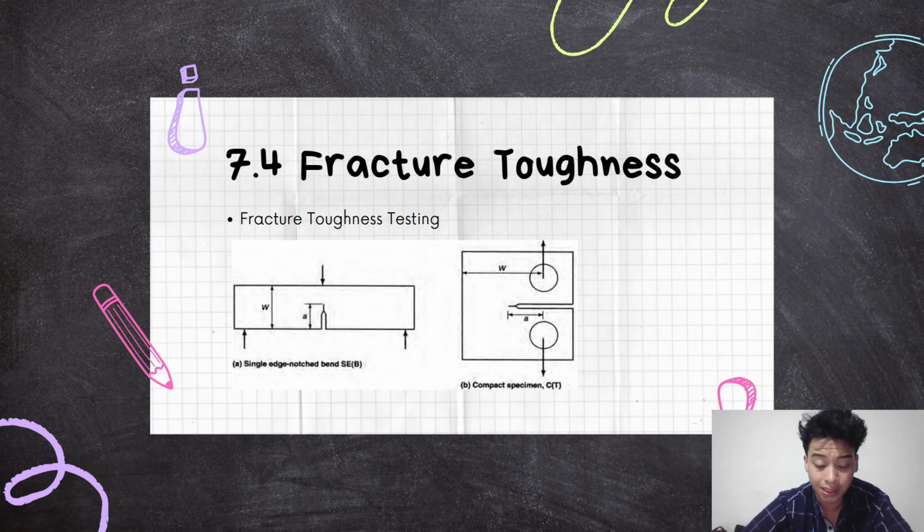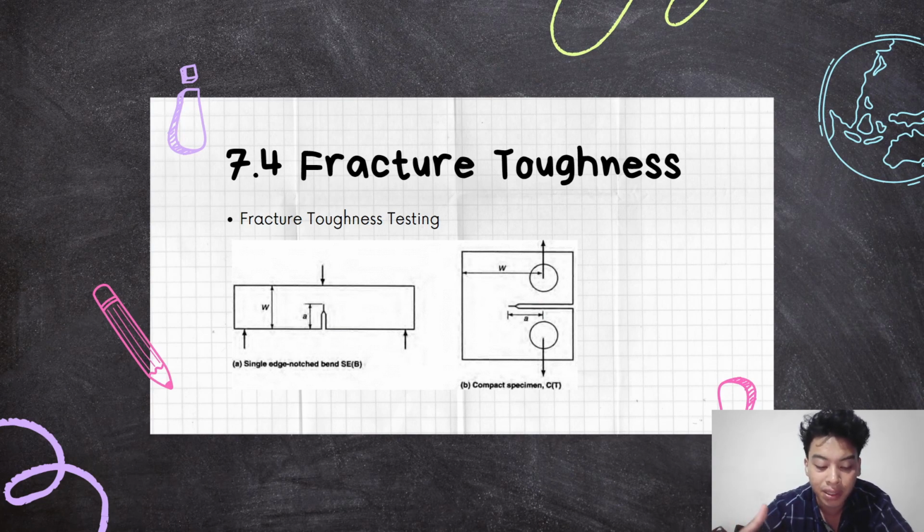Fracture toughness testing. With the advent of linear elastic fracture mechanics, engineers now realize that the design of structures and machines can no longer, under all conditions, be based on the elastic limits or yield strength of a material.